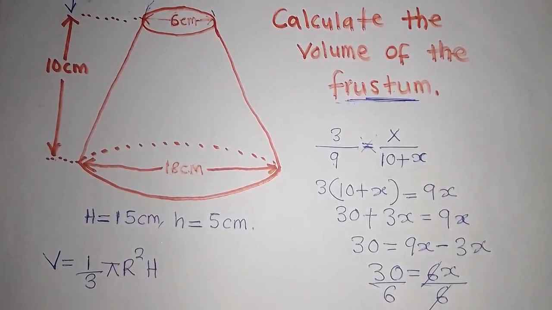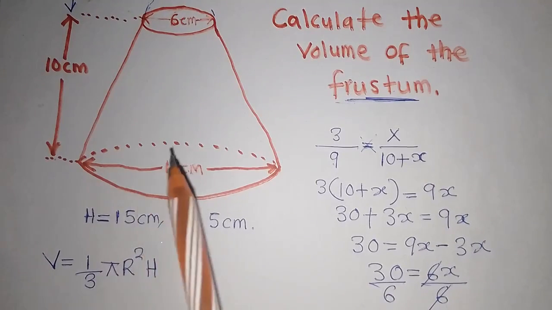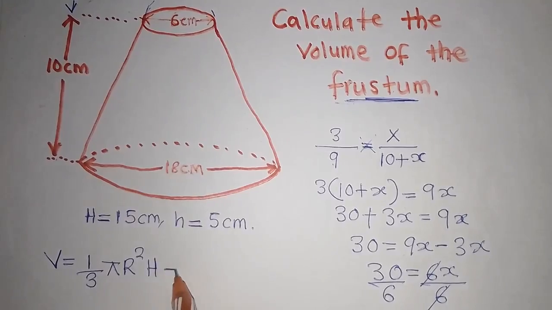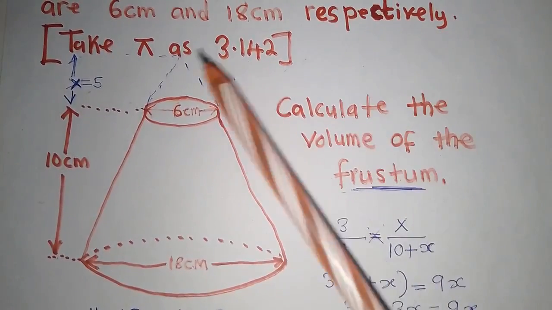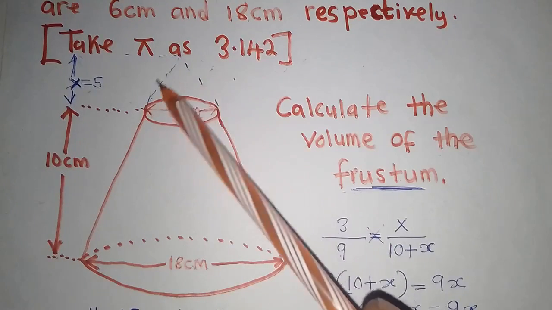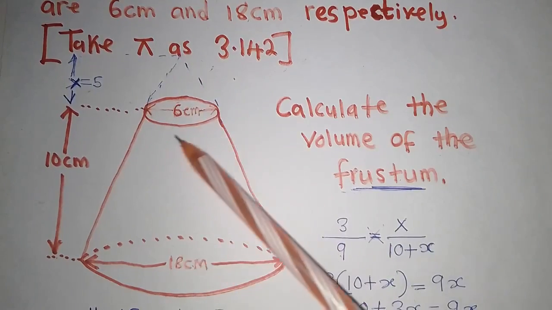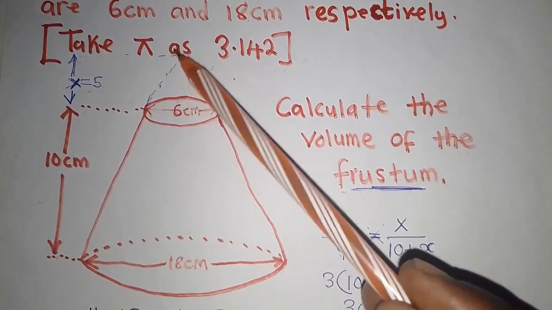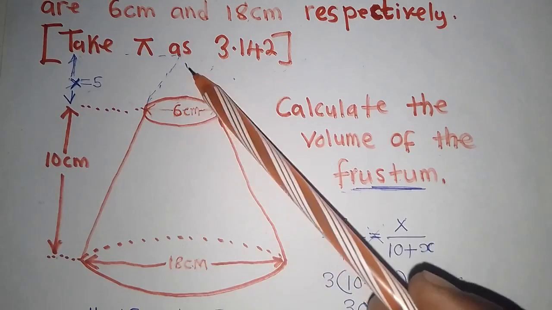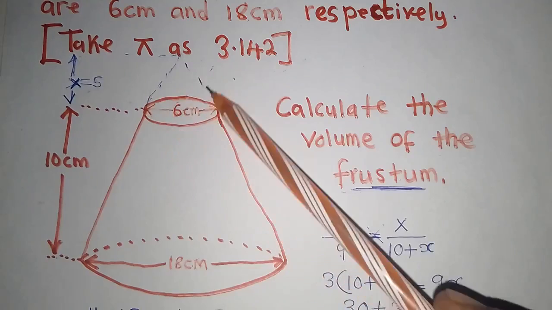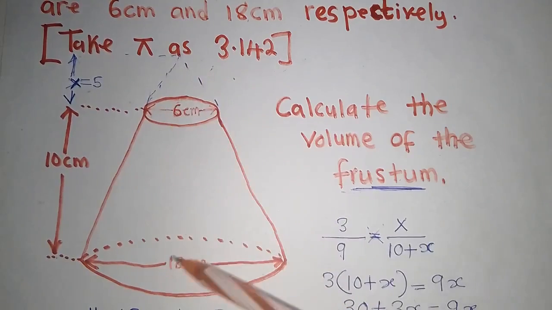This is for a cone, a bigger one. Then you say minus a smaller cone which is on top there. So when you say this bigger cone minus this smaller one, you're going to remain with this volume.